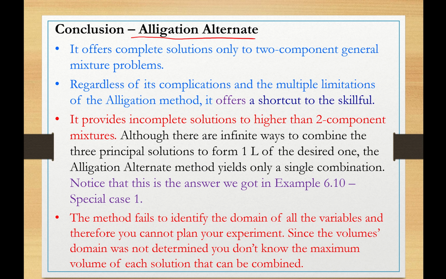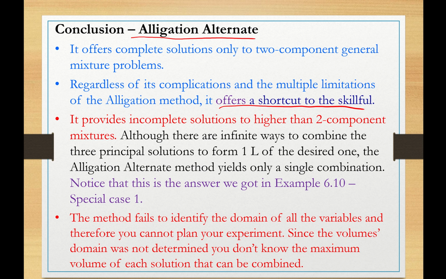Regardless of its complications and the multiple limitations, it offers a shortcut to the skillful. What I mean here is that it's quicker because you end up with smaller numbers. That's the advantage I'm referring to. It's not the real advantage, but smaller numbers may be handy, right?